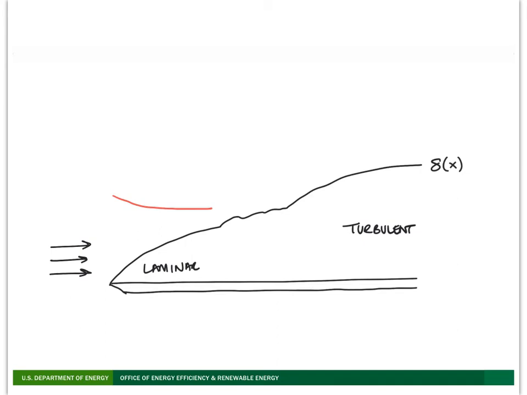It starts out right at the edge, relatively smooth or even through the laminar region. And then we see a big spike up as we go through the transition into the turbulent region. And then it's going to reduce a little bit, but stay relatively high. So this is how the heat transfer coefficient changes as we change flow characteristics or flow regions.